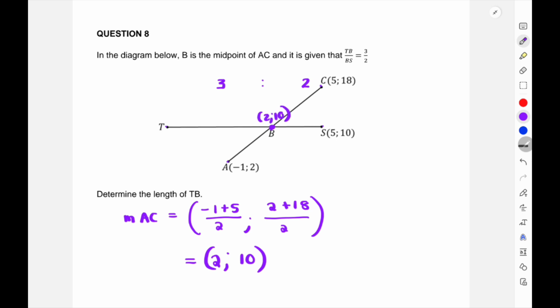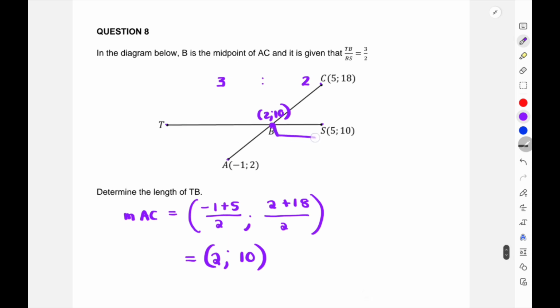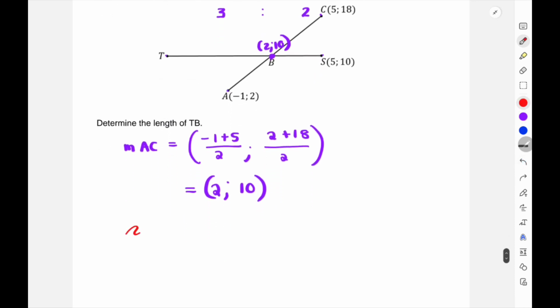Now the next step is we can work out BS. It's not bull dust, it's just BS. Okay, so we can work out the distance of BS.